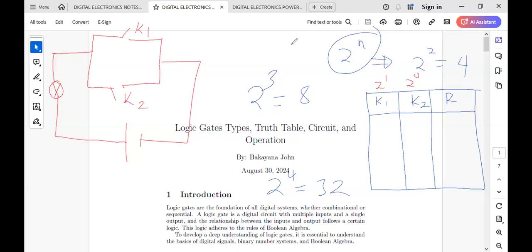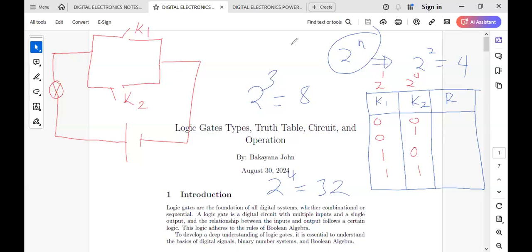For example, if I begin with 0, then we shall have 1, 1. So 2 power 0 is a 1, meaning that after 1 digit the pattern repeats: 0, 1, 0, 1, like that.